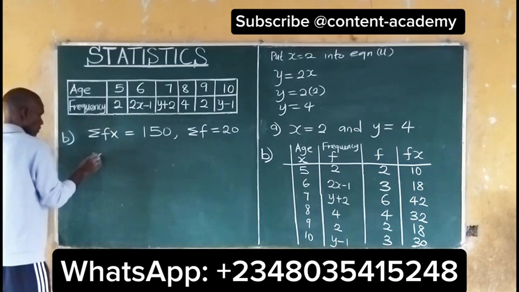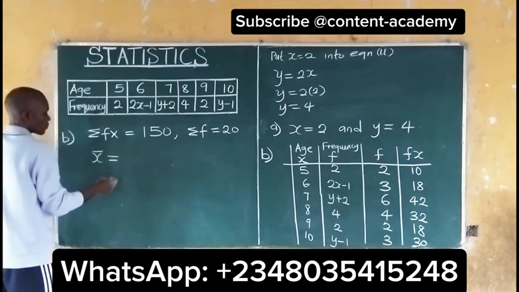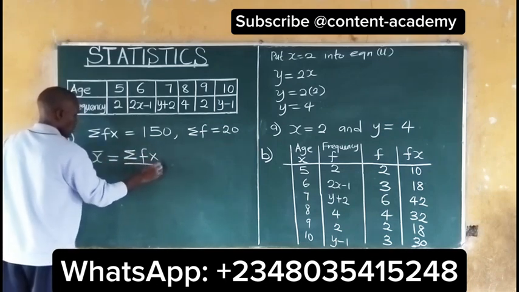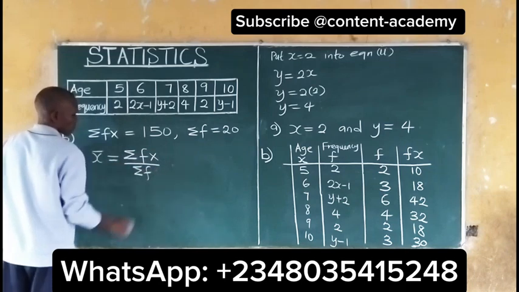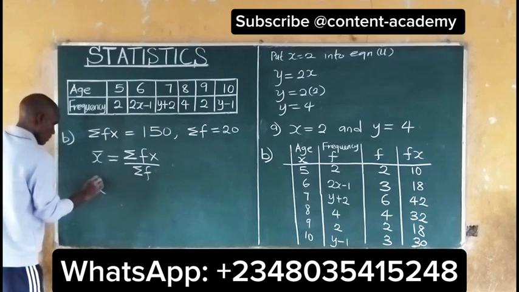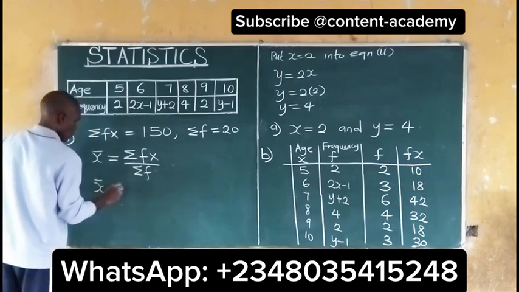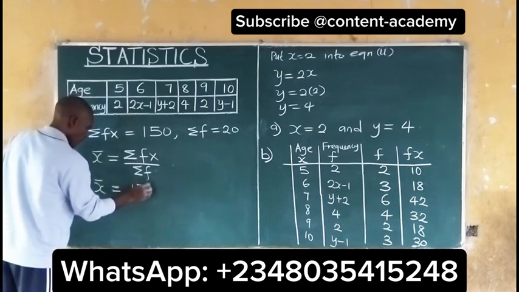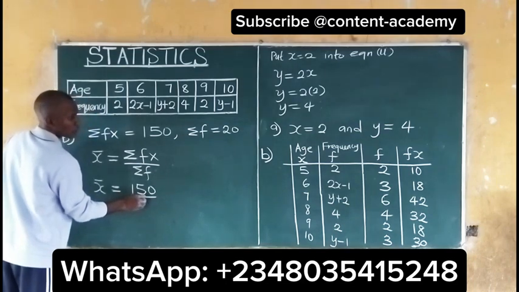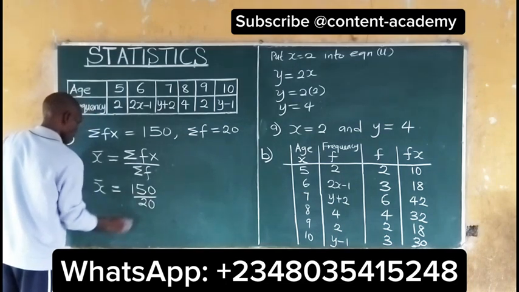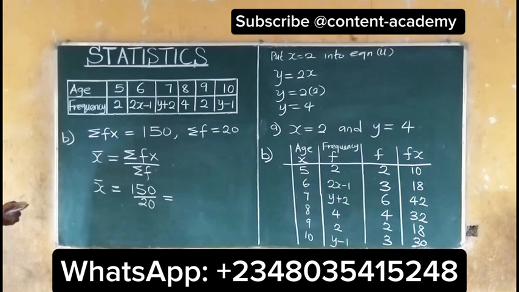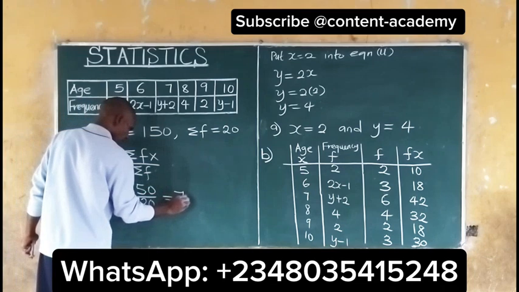Now, we have our mean. The mean ages of the children is equal to summation of f of x all over summation of f. It then means that our x is equal to 150 divided by 20, which is 7.5.